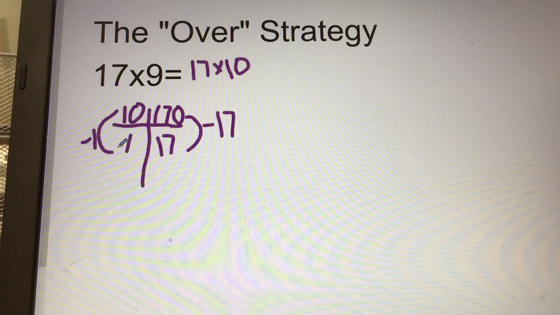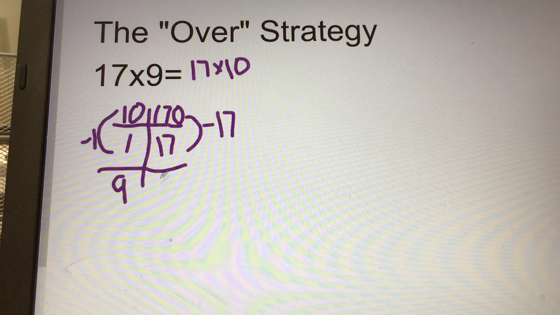Okay, because I subtracted one group of 17. So because 10 minus 1 would give us our 9 groups. Okay, that's our 9 groups of 17.